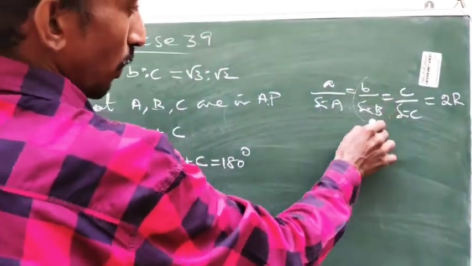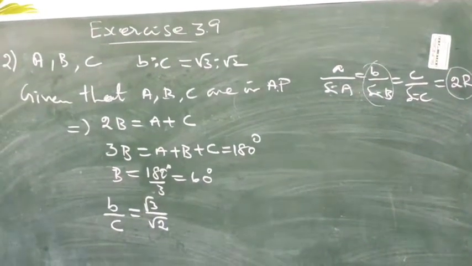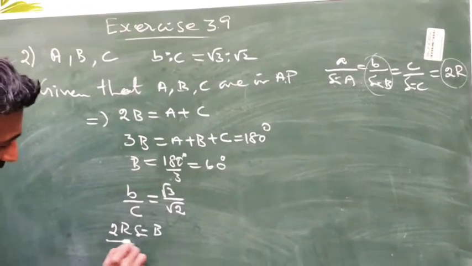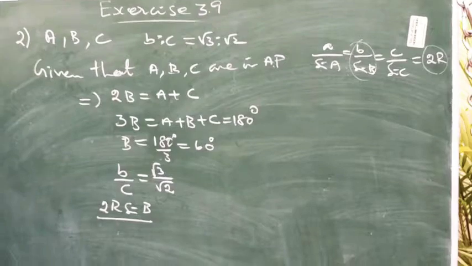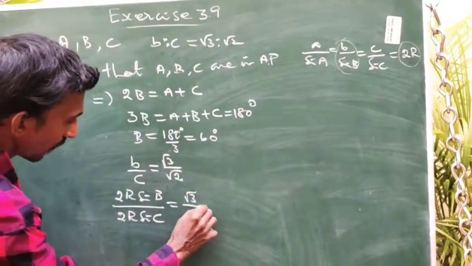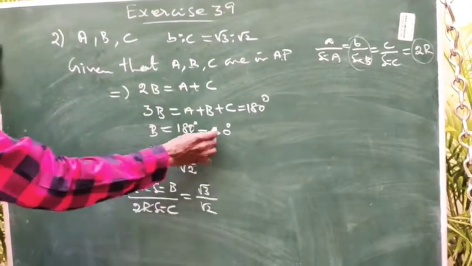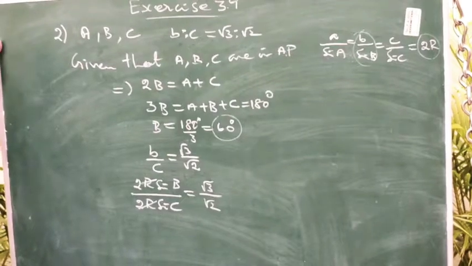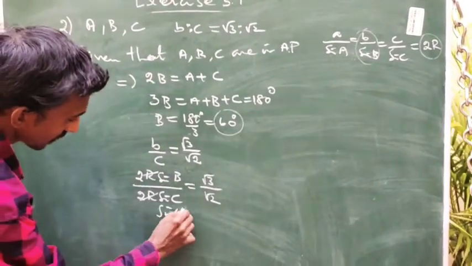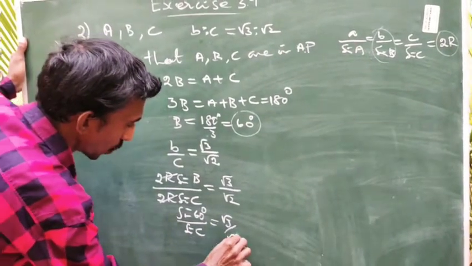So equate one by one. b by sin B equal to 2R, so b is 2R sin B. Similarly, equate the third one, c equal to 2R sin C. So 2R sin B by 2R sin C equal to root 3 by root 2. The 2R cancel. Already we know that angle B is 60 degree, so sin 60 by sin C equal to root 3 by root 2.